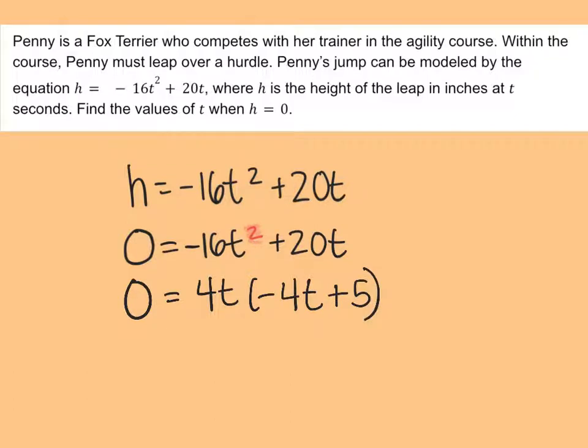Now we are going to solve this equation just like yesterday. We are multiplying the outside times the inside, so either this outside portion will equal 0, or the inside portion will equal 0. And we can solve to get t from here.